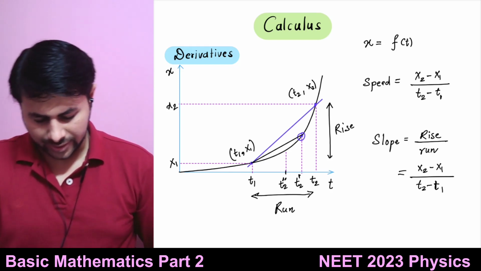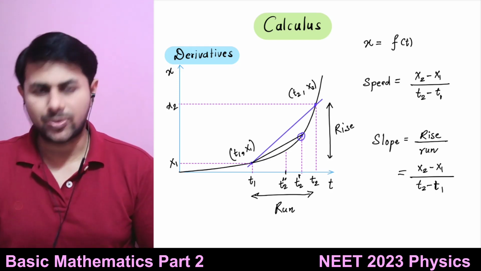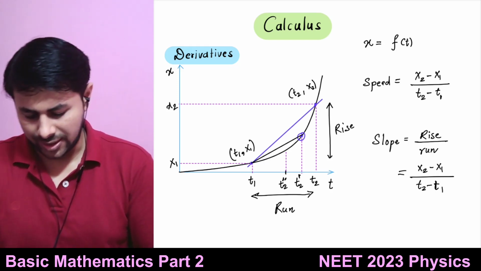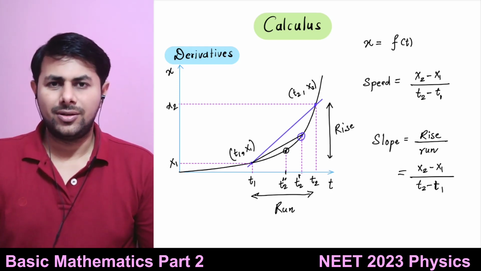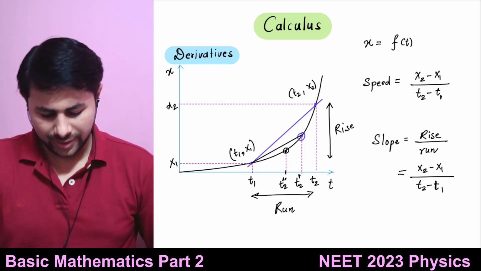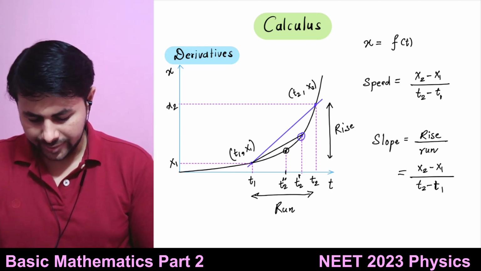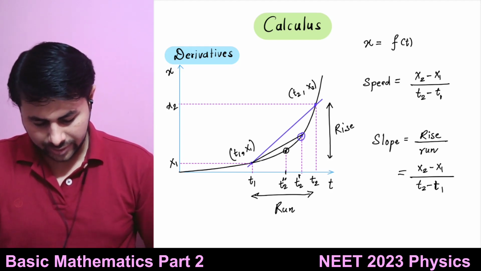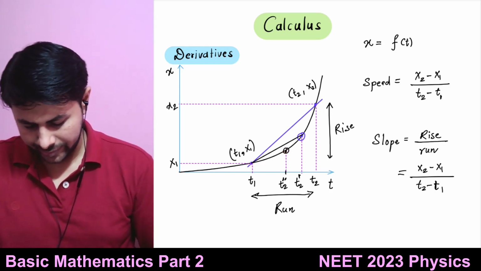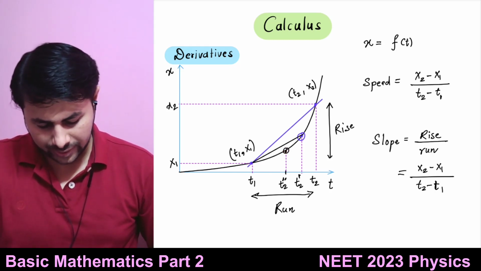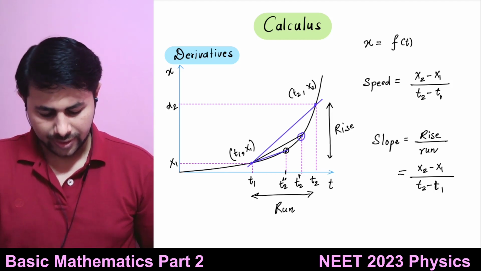Again I will plot the point corresponding to t2 double prime on the graph. So it meets at this point, and then I will draw a line from this point to this point on the graph. So I am drawing the line, and now can you see?